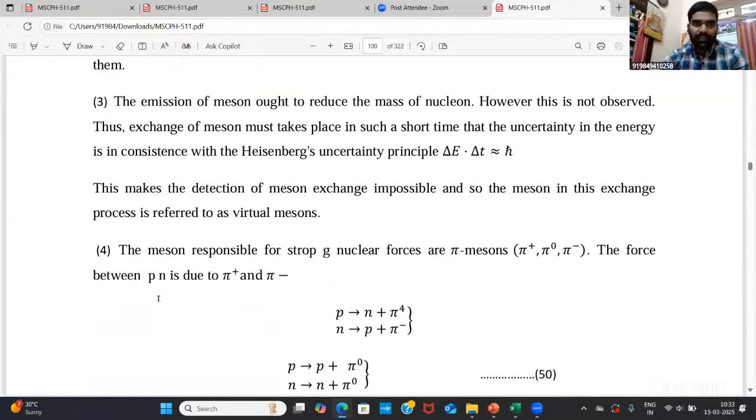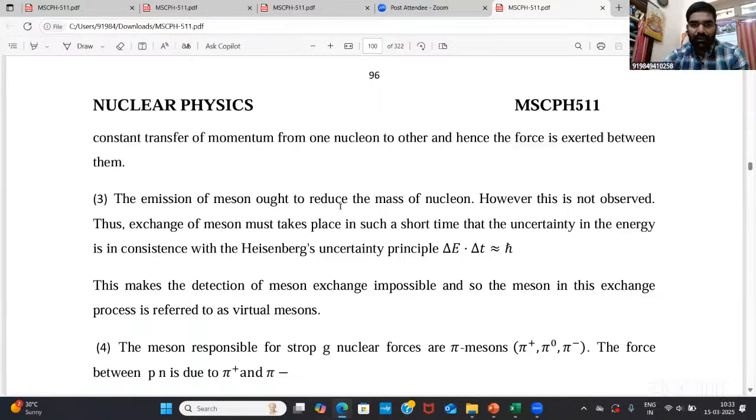The emission of a meson ought to reduce the mass of the nucleus. However, this is not observed. Thus, the exchange of mesons must take place in such a short time that the uncertainty in energy is consistent with the Heisenberg uncertainty principle. This makes the detection of the exchange impossible, so the mesons in the exchange process are referred to as virtual mesons.